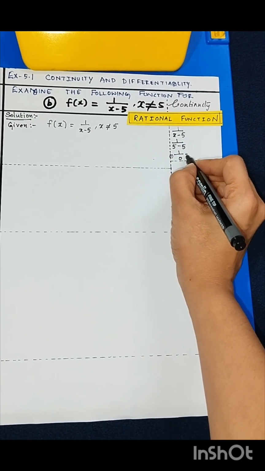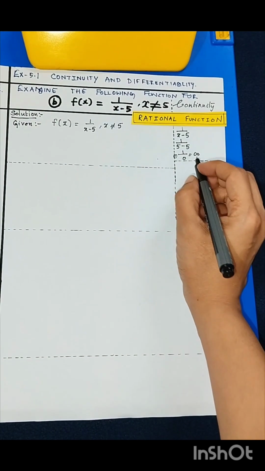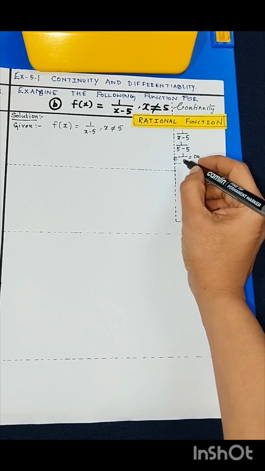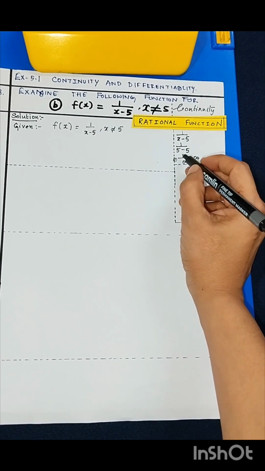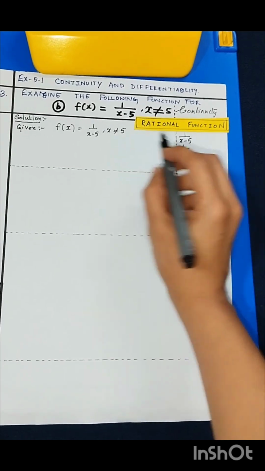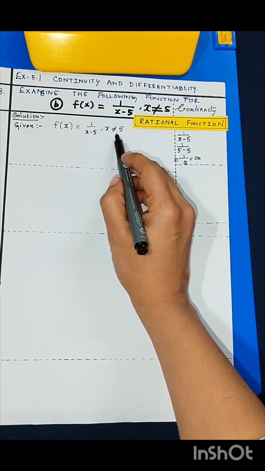So 1 by 0 is nothing but undefined. We will never give divisor equal to 0. This is never accepted. This condition is undefined for us. So that is why we should never give x equal to 5.